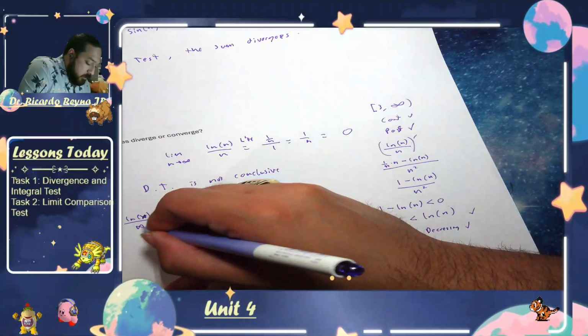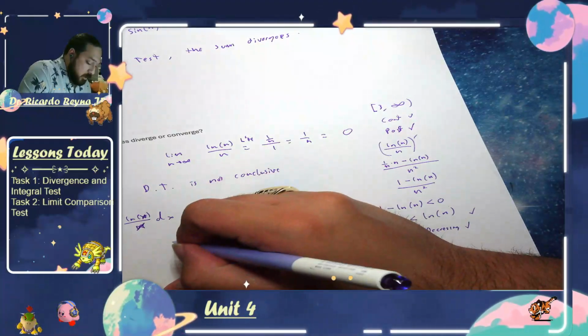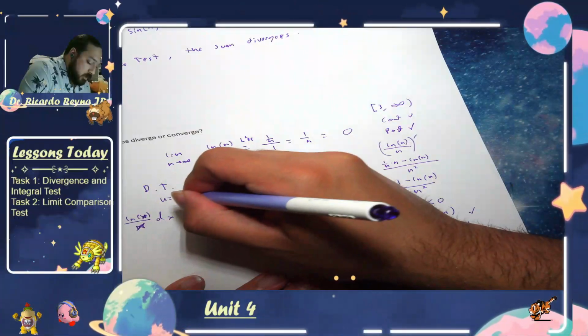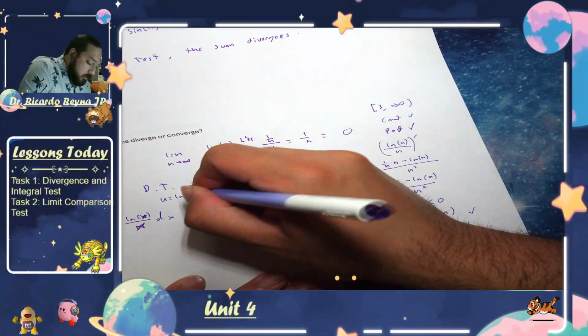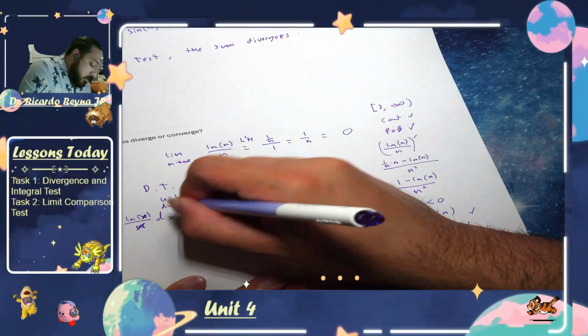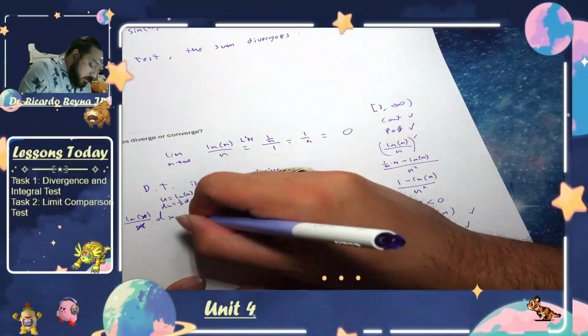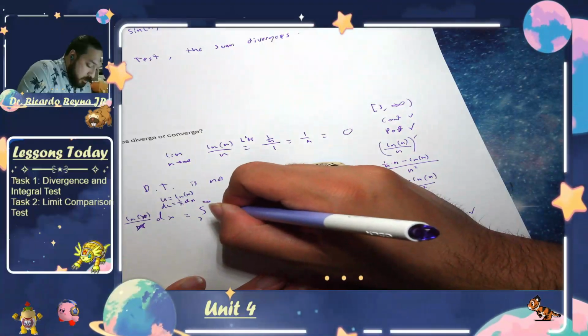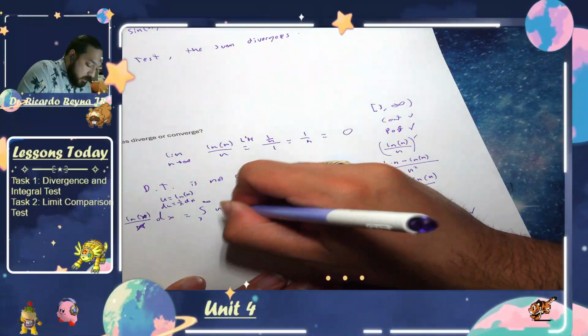Forgot to rewrite in terms of x and dx. We know that this is a u substitution situation, where u is ln of x, and then du is 1 over x dx. So we have the integral from 3 to infinity of u du.